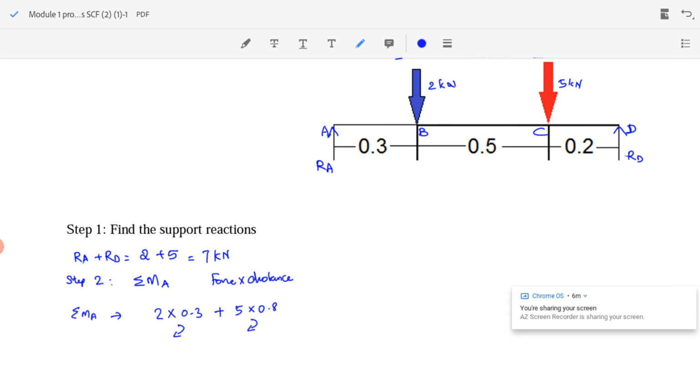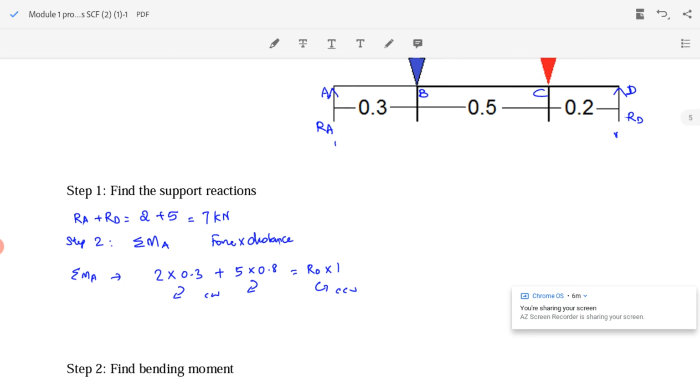So I am adding 2 into 0.3 plus 5 into 0.8 equal to RD into distance, which is 1 meter. RD will produce an anti-clockwise moment, RD into 1. So I am equating clockwise moment and counterclockwise moment, from which I will get the value of RD. I will get RD equal to 4.6 kilonewton.